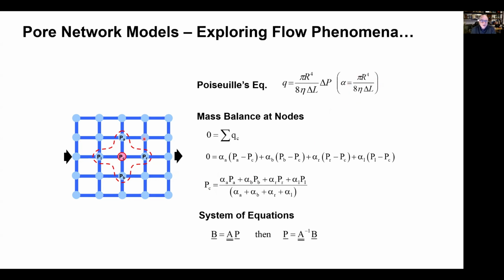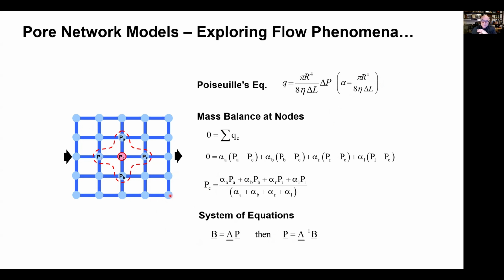Eventually, this is a system of equations which you may solve iteratively. In the video before, we did it with a solver in Excel, but this is basically a system of equations that you can invert to determine the pressure at every single internal node.